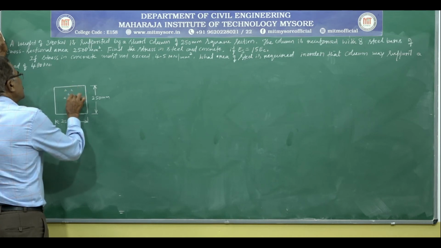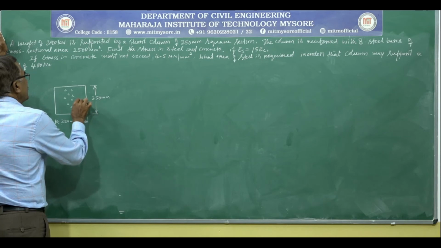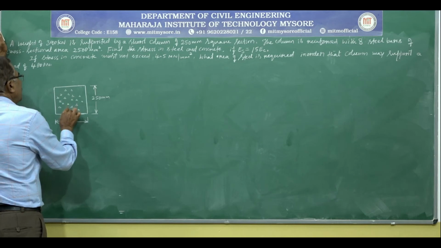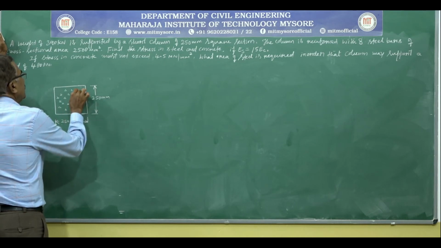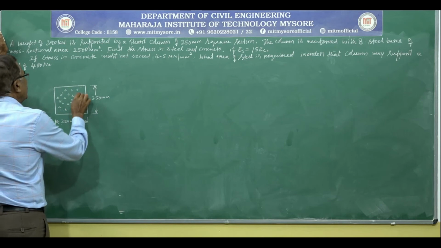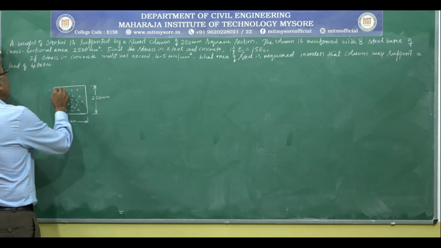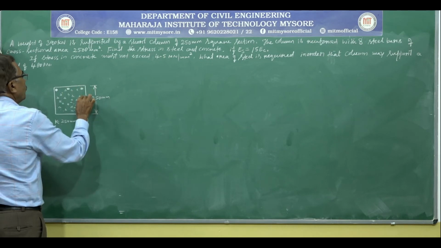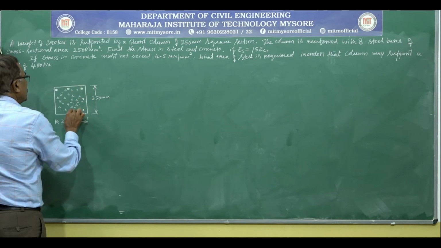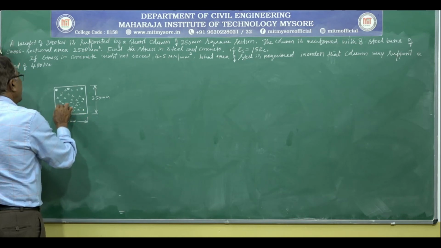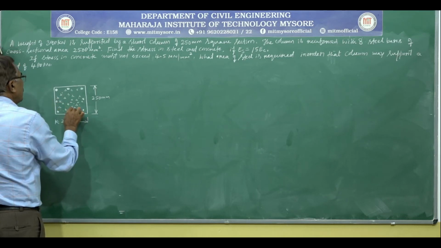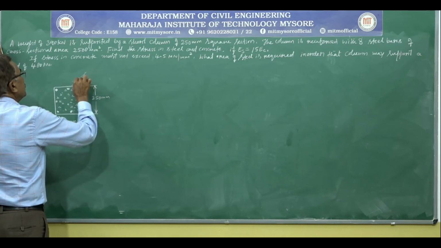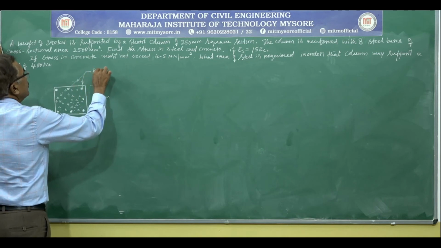Showing the bars here is only a sketch, since the cross sectional area of steel is given. There are 8 bars, 1, 2, 3, 4, 5, 6, 7, 8, provided on all the sides. You can also show just 2 bars and write that it is 8 bars.